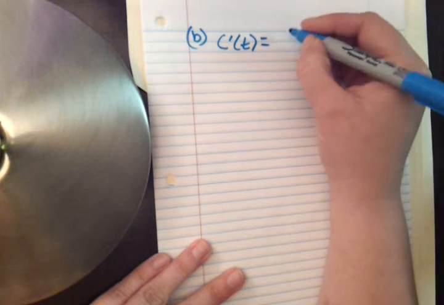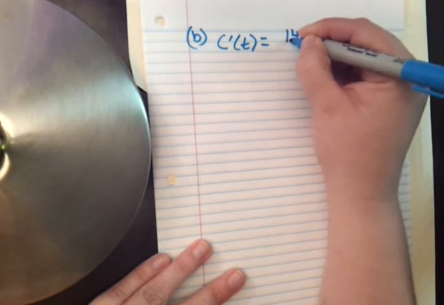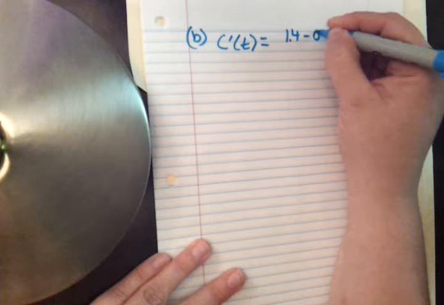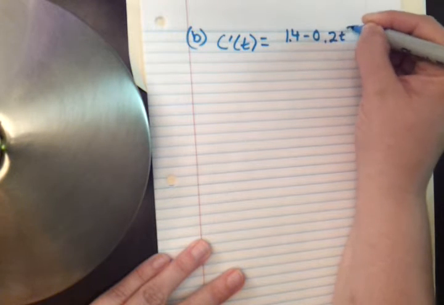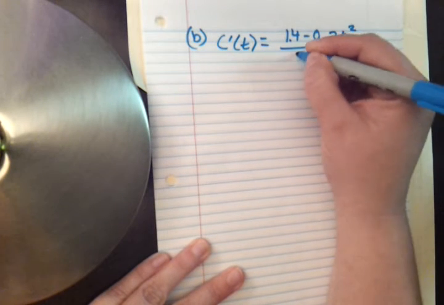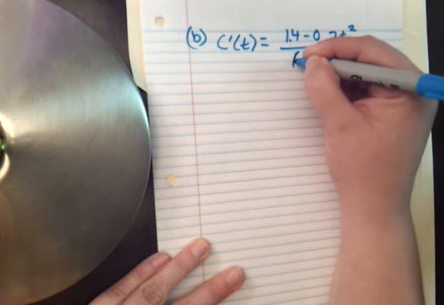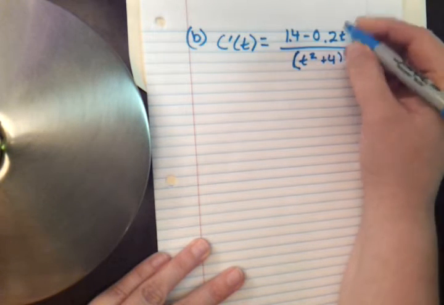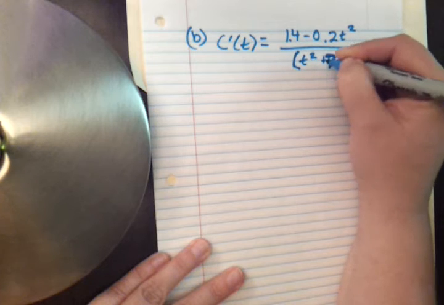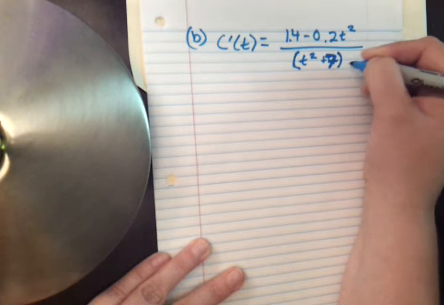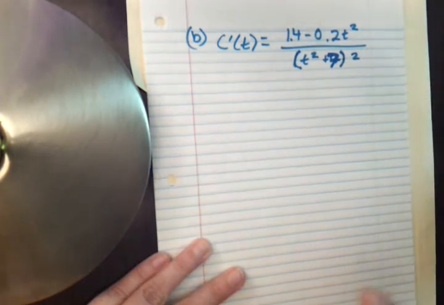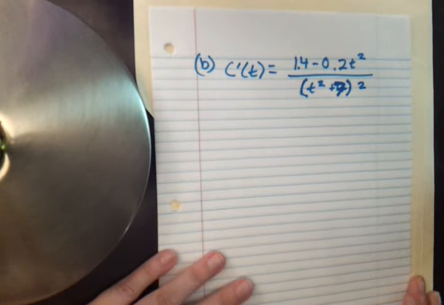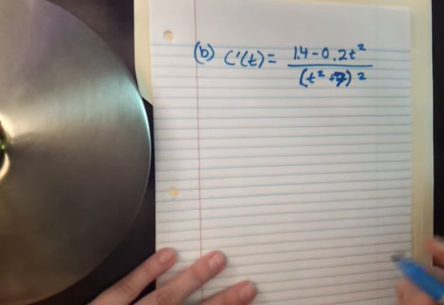So that was C prime of t equals 1.4 minus 0.2t squared over t squared plus 7 squared. That is sloppy as can be, but we're going to go with it for now.